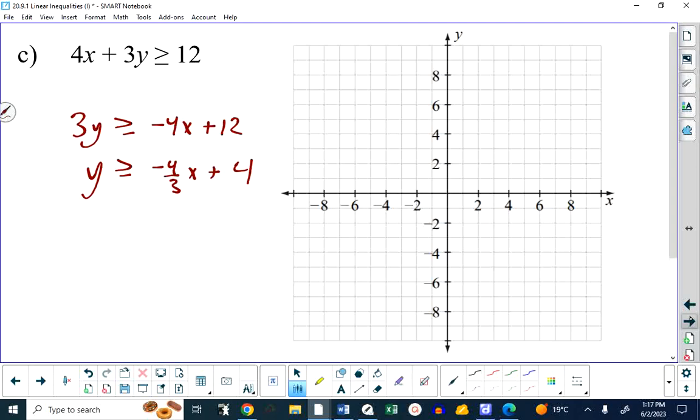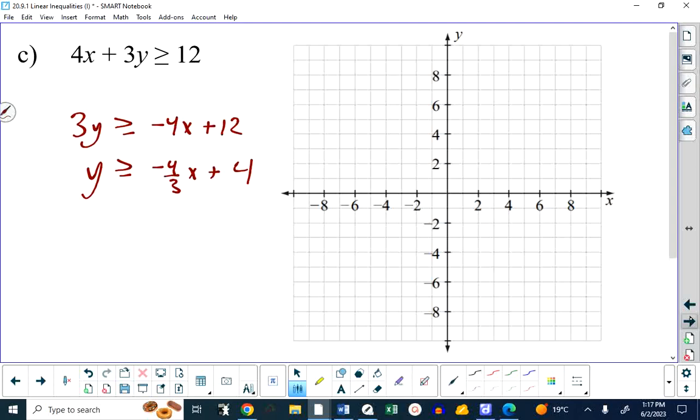Can we agree on that rearrangement? Okay, so based on what I just said, where do you think we're going to shade here? Are we going to shade above or below? Above, because it says y is greater than. If we had to move the y over, then we would read it backwards and we would shade on the other side. We're going to have a solid line.